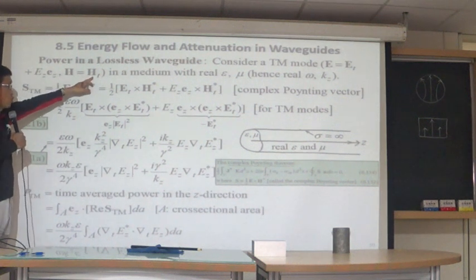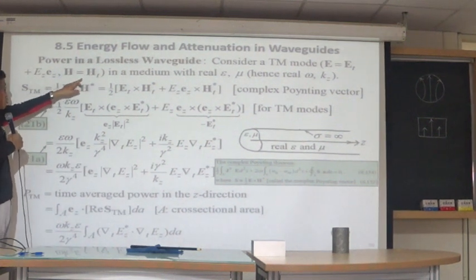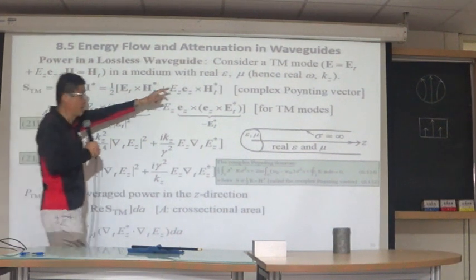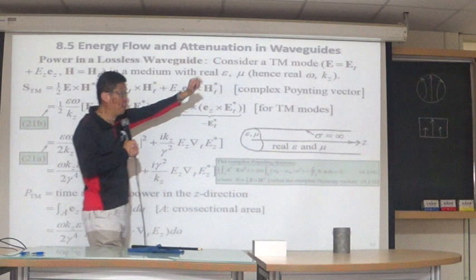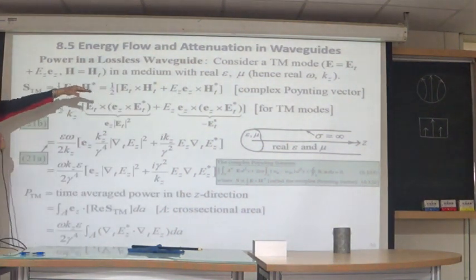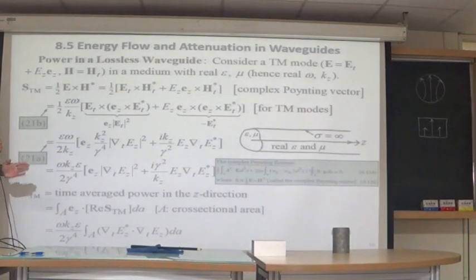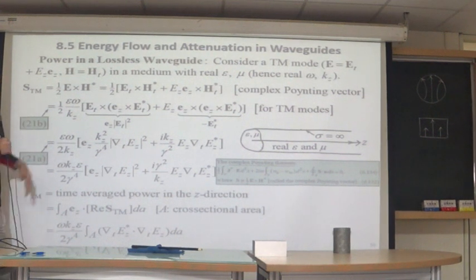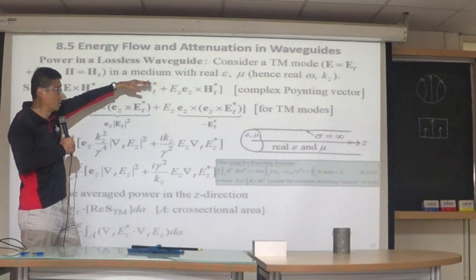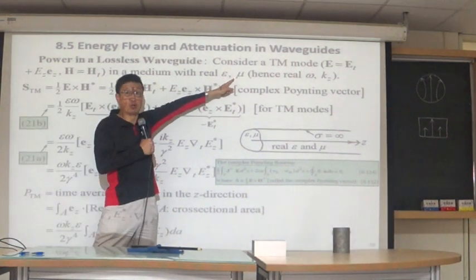H is just transverse, therefore we say transverse magnetic, TM modes. And in a medium with real epsilon and mu, so we can simplify the problem first.